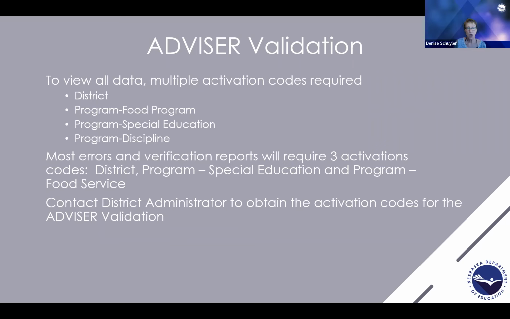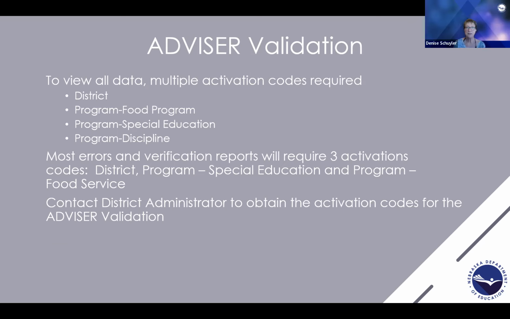In order to view all data in the advisor validation collection, multiple activation codes may be required. There are 4 different activation codes for advisor validation: the district, program food program, program special education, and program discipline.